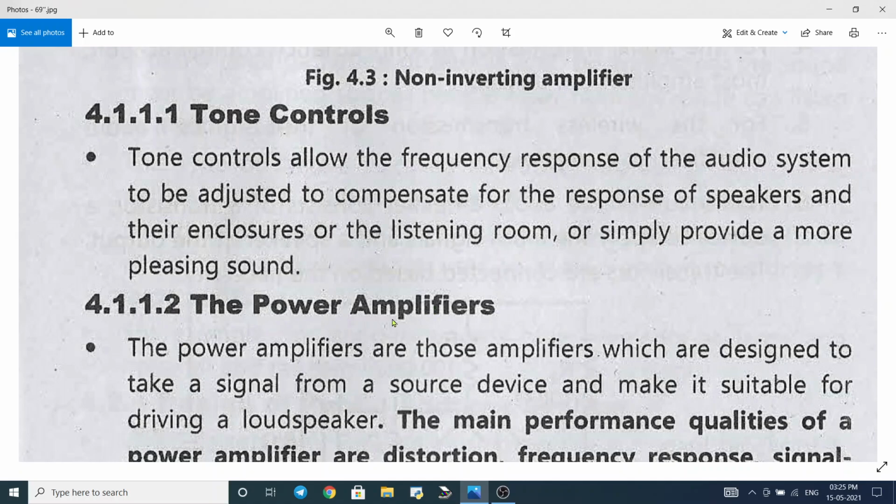The next block is the power amplifier. The last circuitry is the power amplifier.